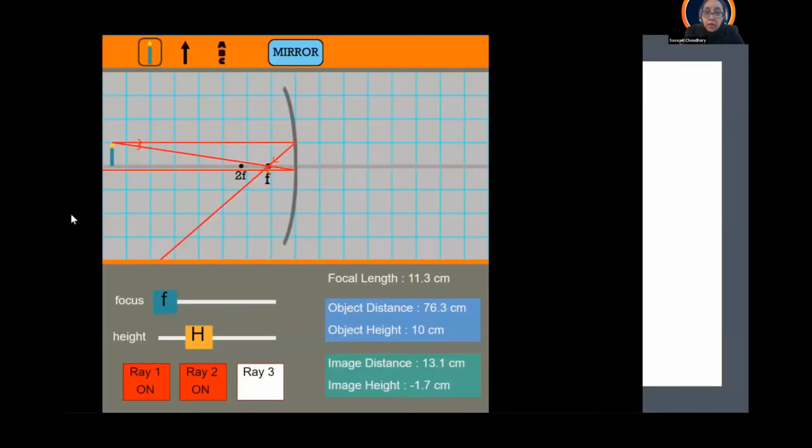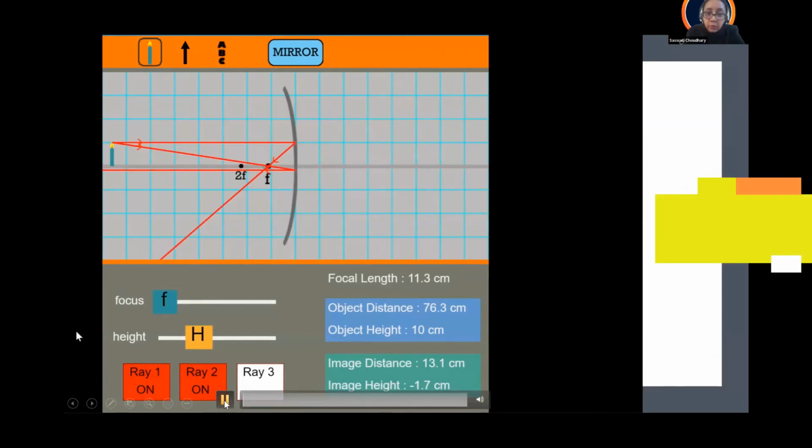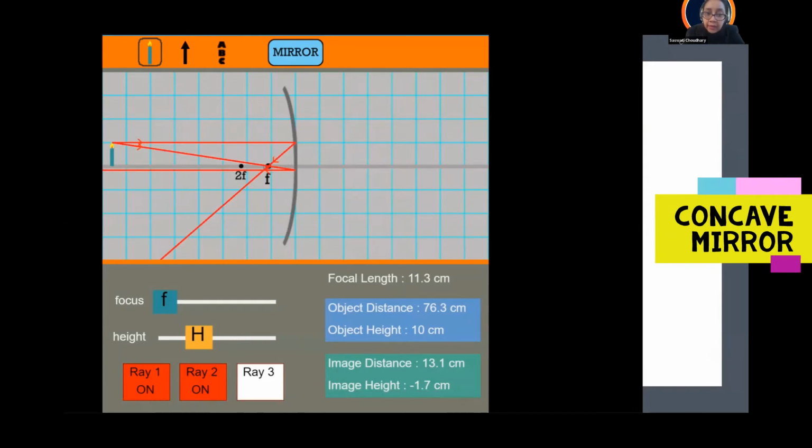Okay. Now let me help you understand the ray diagram with the help of a simulation. Here I have taken a simulation where the focal length is around 10 centimeter, right? I am putting the object near infinity, as far as possible.